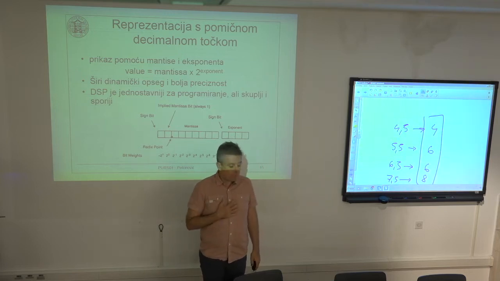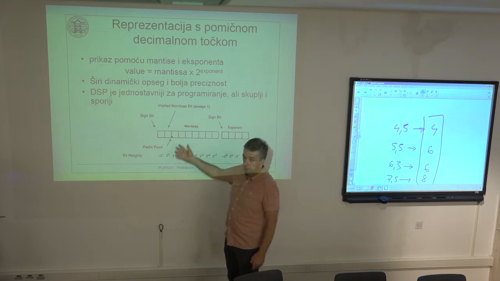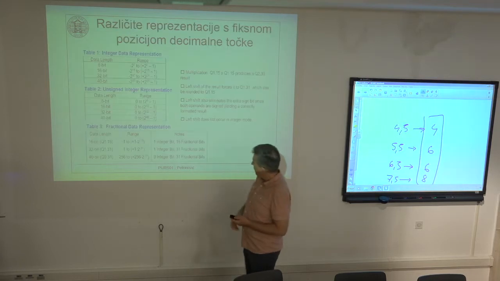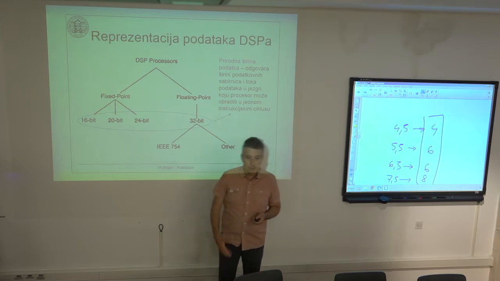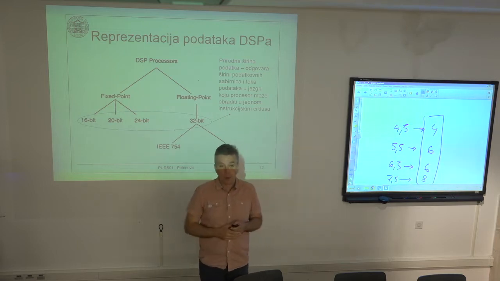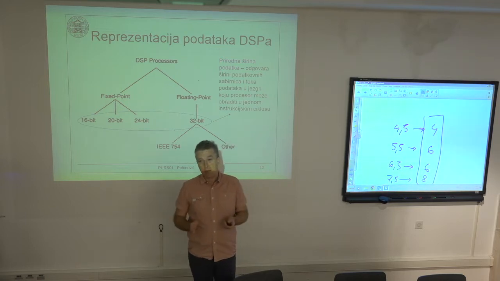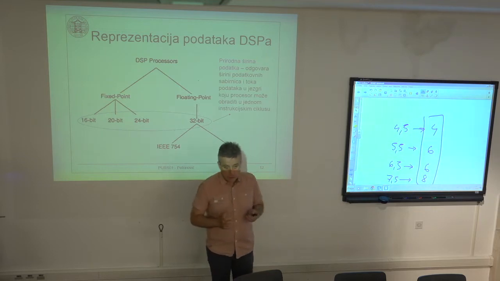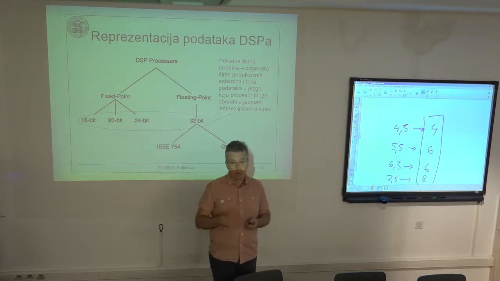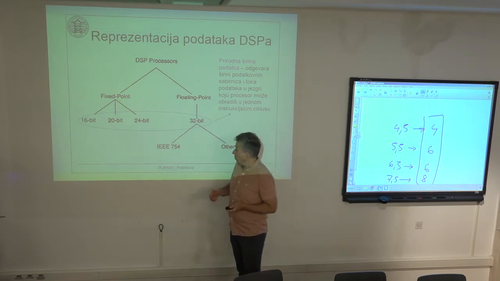For example, the single float representation is standardized with the IEEE 754 standard. This standard defines single precision floating point, double precision floating point, and also quad precision floating point. Normally, single and double are used in typical architectures for CPUs or DSPs.